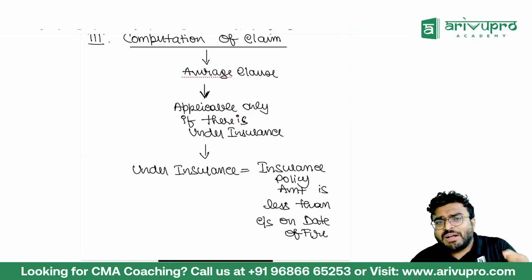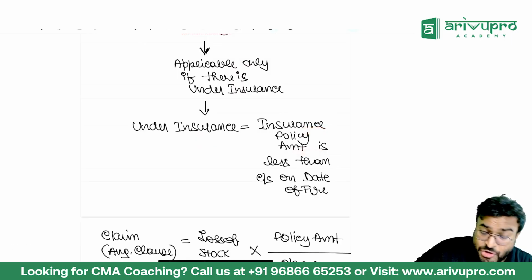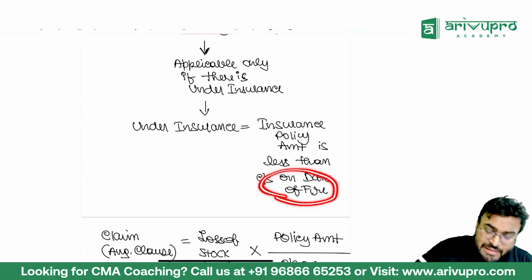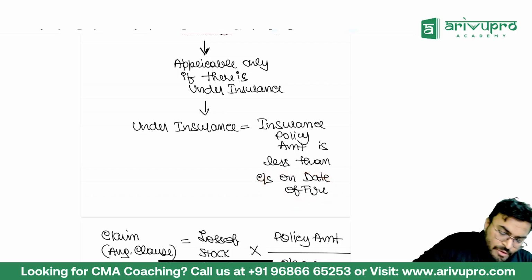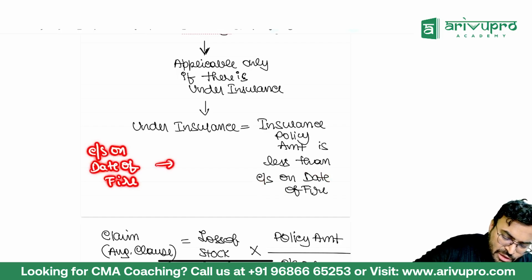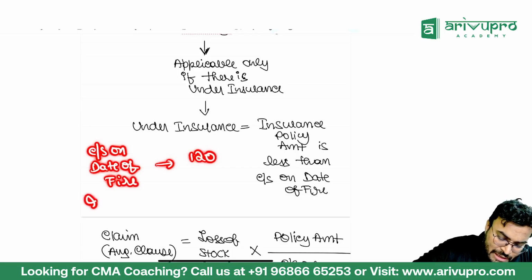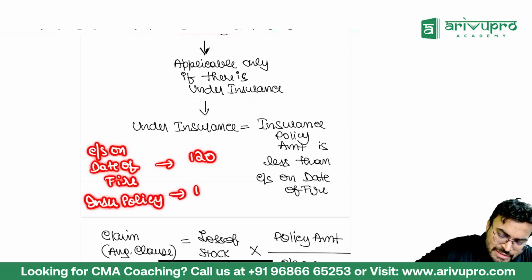Sir, how to check the underinsurance concept? Underinsurance is when the insurance policy amount is less than the closing stock on the date of fire. Say closing stock on the date of fire is 120, and the insurance policy amount is 100.